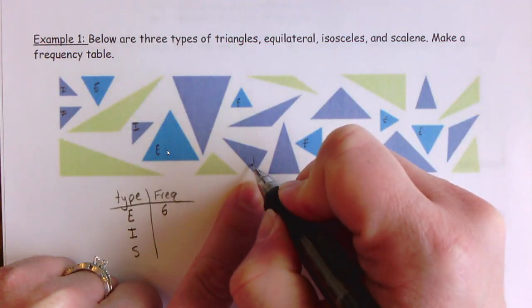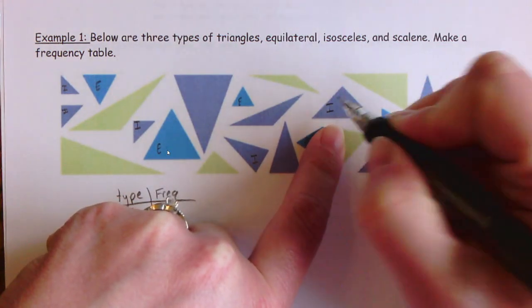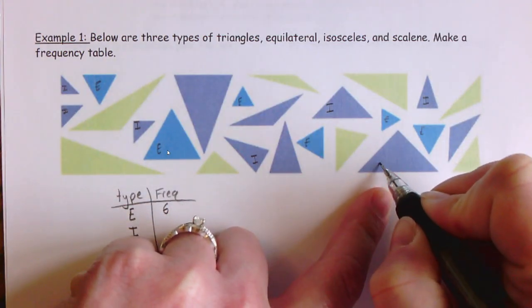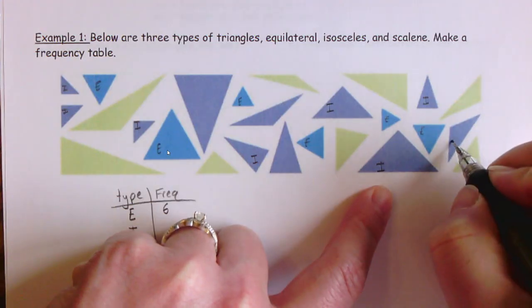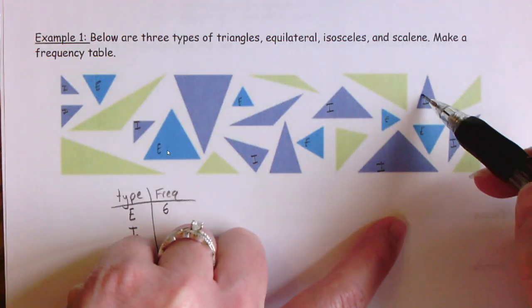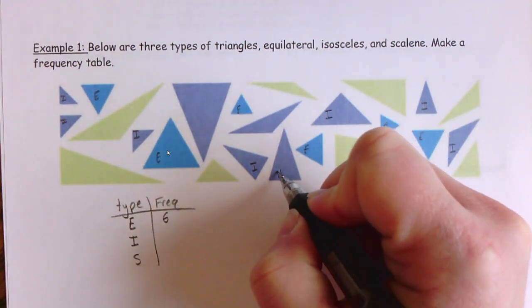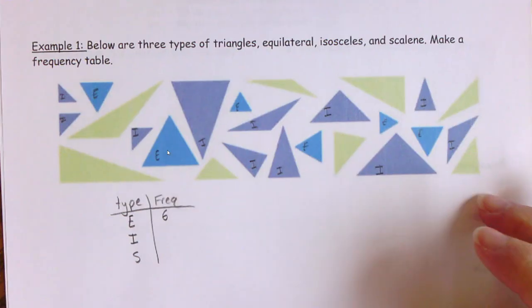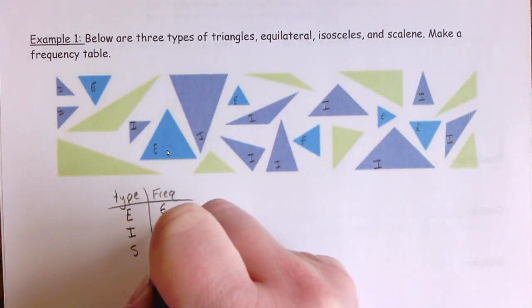This one down here is 1. This one right here is 1. This looks like 1. This looks like 1. This looks like 1. If we count them up, 1, 2, 3. Hopefully you notice that these darker blue, or purple-ish ones, are all isosceles. So that will be 11.